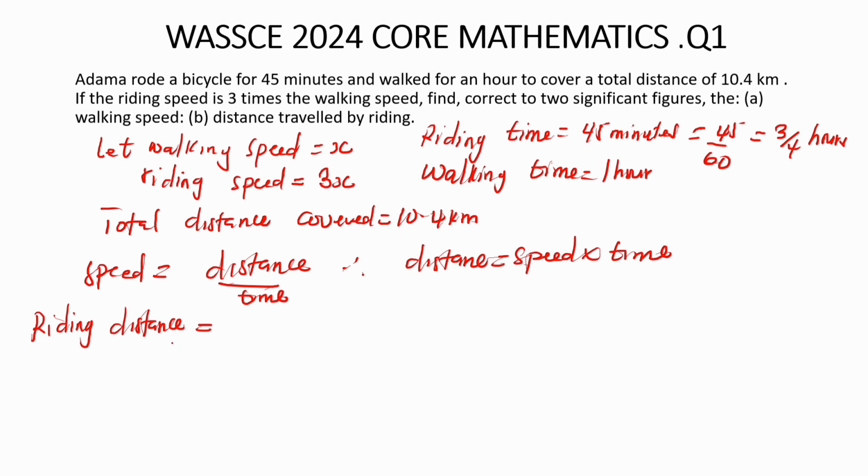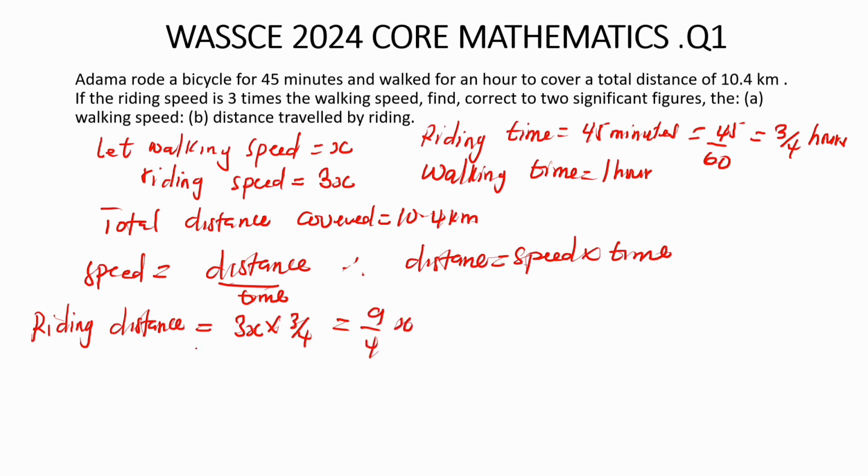The riding speed is 3x and the riding time is 45 minutes, which is 3 on 4 hours. So times 3 on 4 hours, and this is going to be 9 on 4 x.